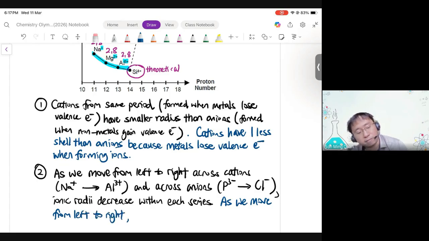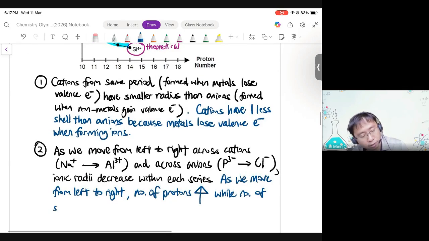As you move from left to right across a period, the number of protons increases while the number of shells remains the same within each series. I keep saying within each series. I'm comparing cation with cation, anion with anion, right?